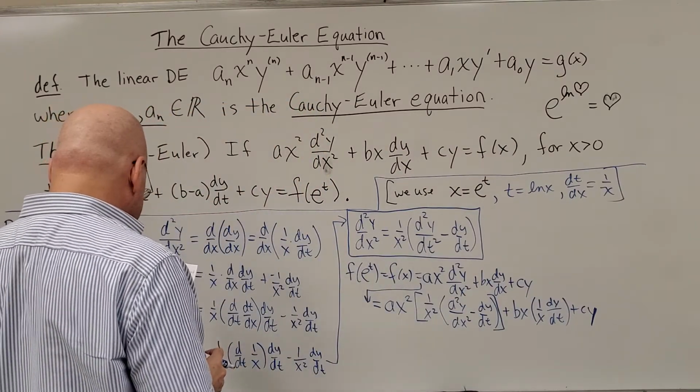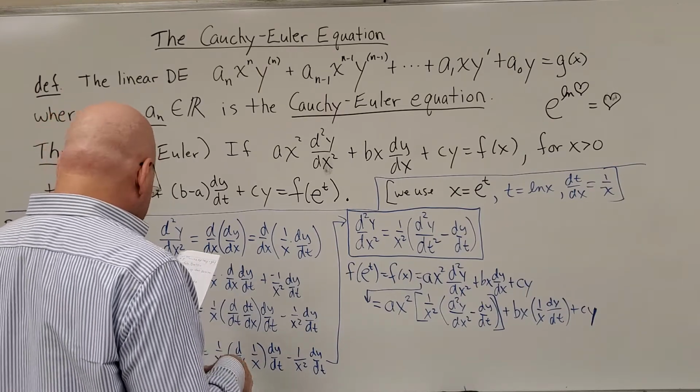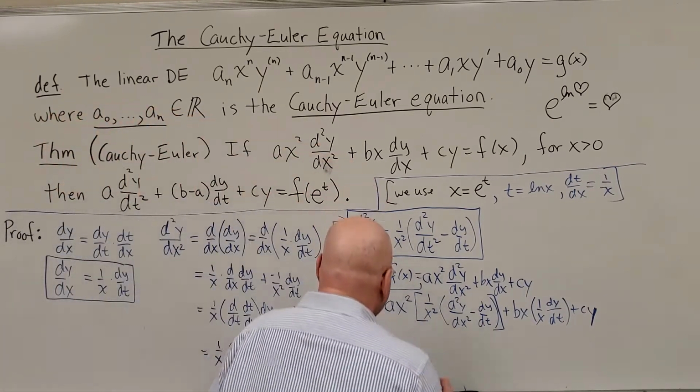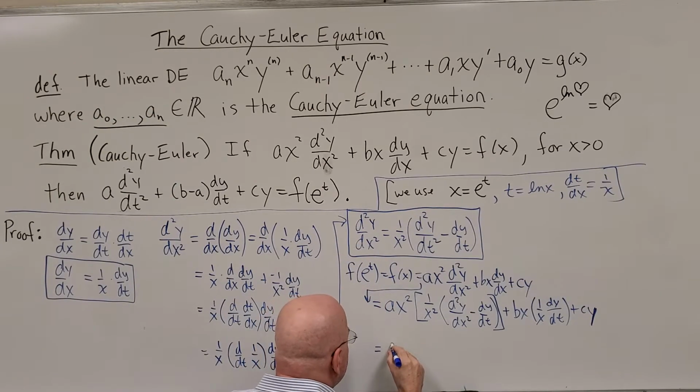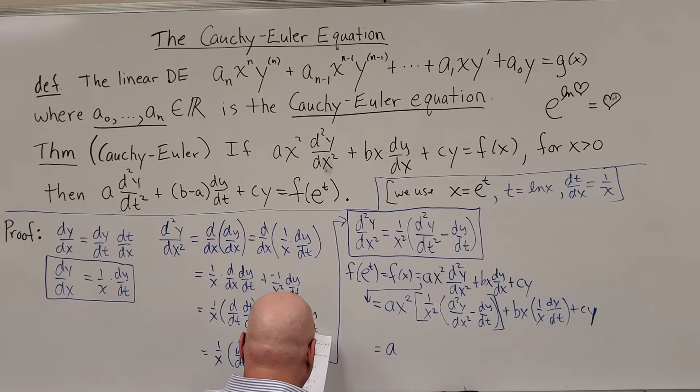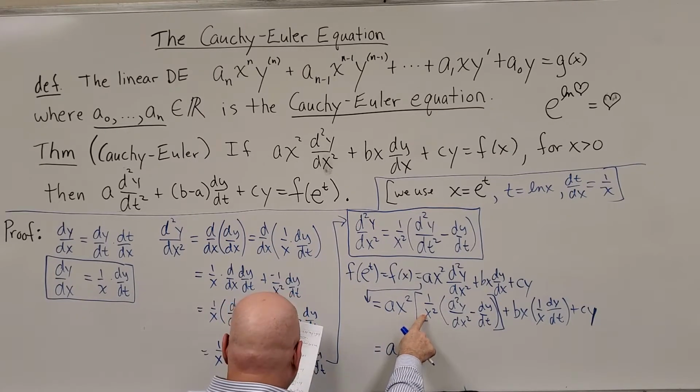Okay, wow, I need 2 more lines. Well, let's see what happens here. Equals a, let's see, ax squared. Oh, the x squared goes away because we've got x squared times 1 over x squared.